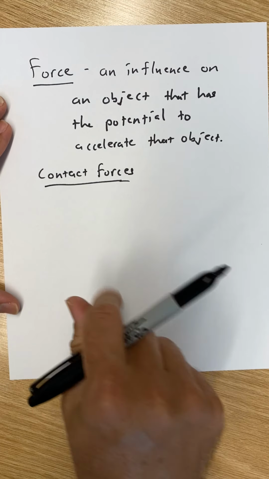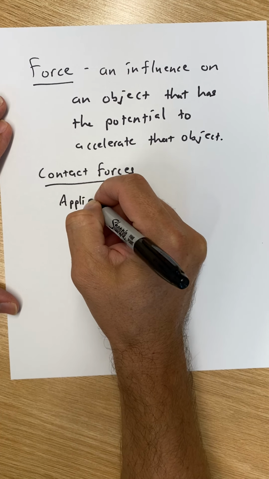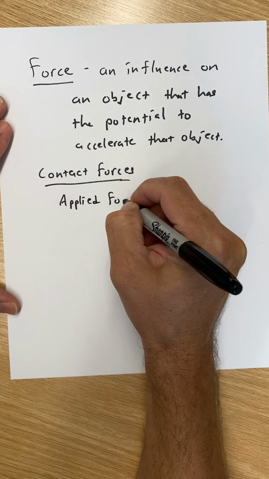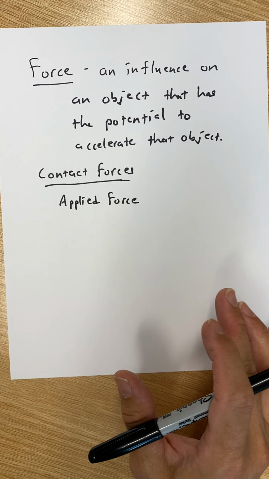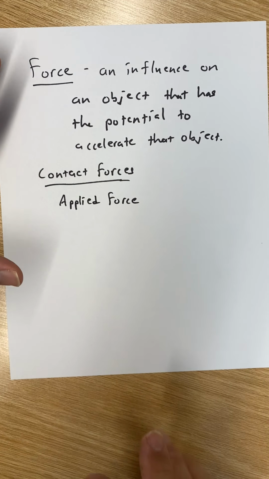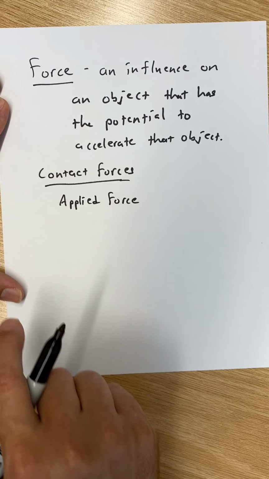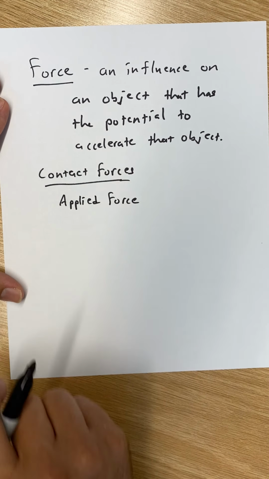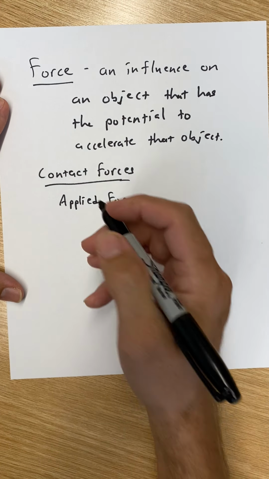The thing that I was doing, I was touching it, we usually call that an applied force. That is something, be it a finger or be it a rope or a rod or something, that is going to come in and touch another object, and there will be a force applied from that. There are other kinds of contact forces that we probably know of instinctively.